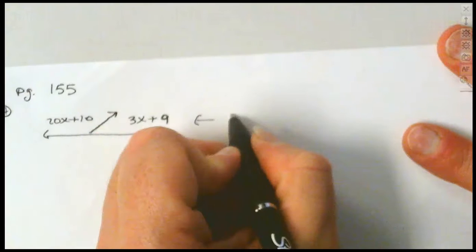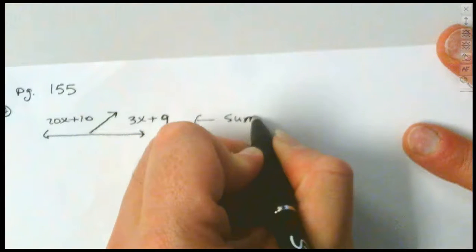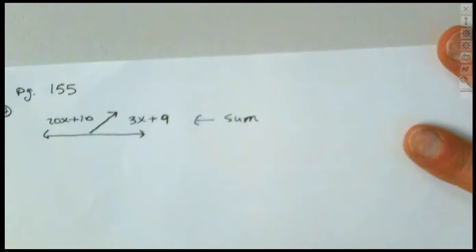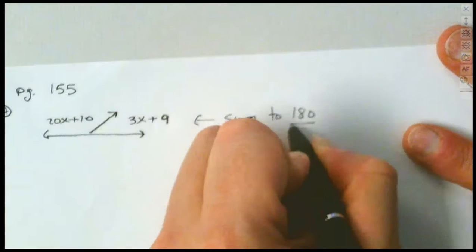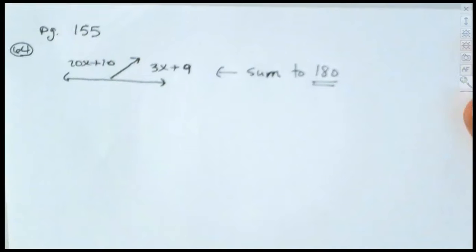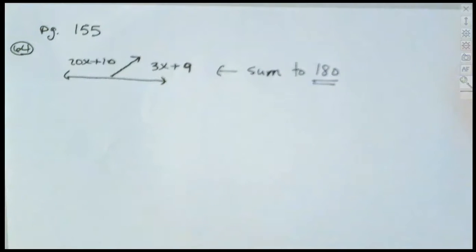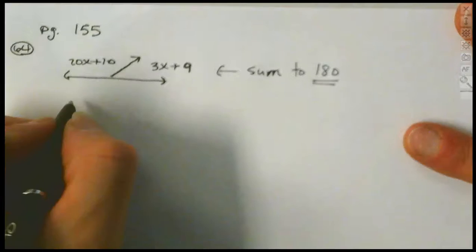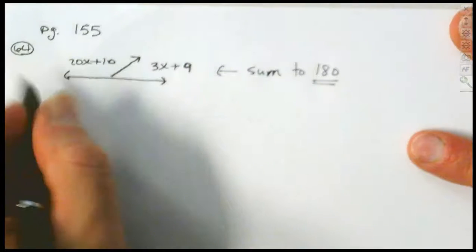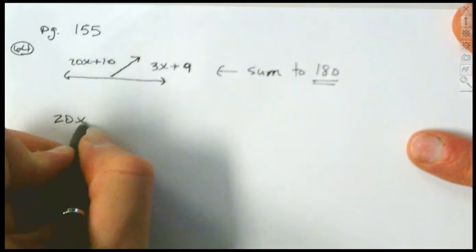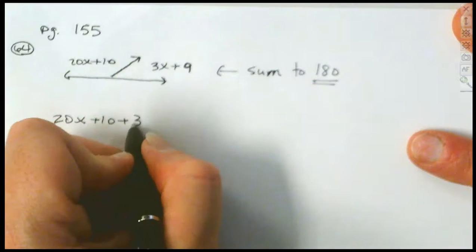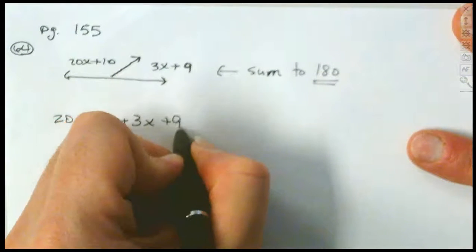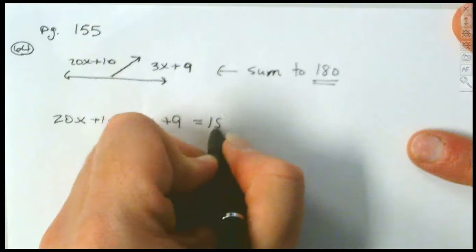Whenever it makes a straight line, a flat line, this is going to sum to 180. So what do we know? Well, we're going to add these together. So we've got 20x plus 10 plus 3x plus 9. And what does that equal? 180.